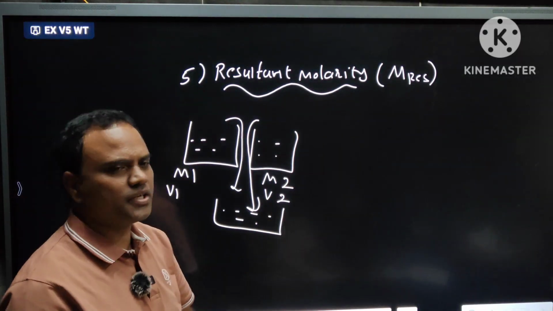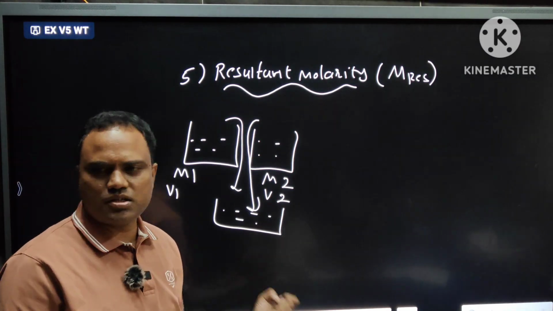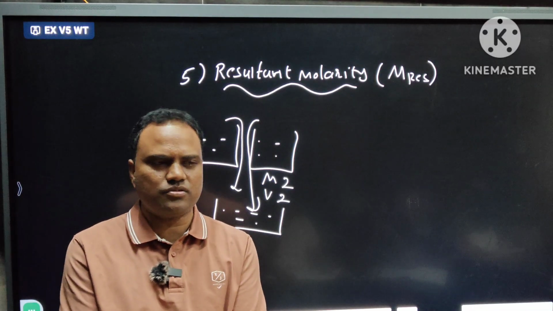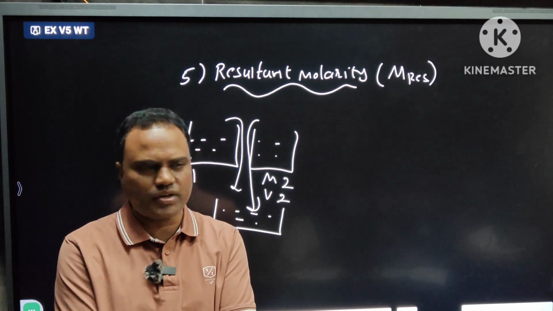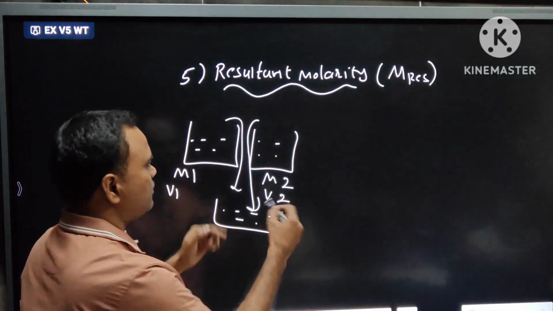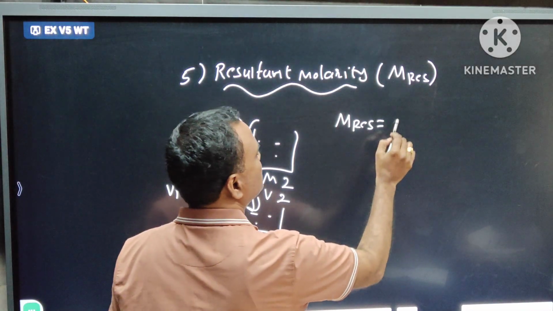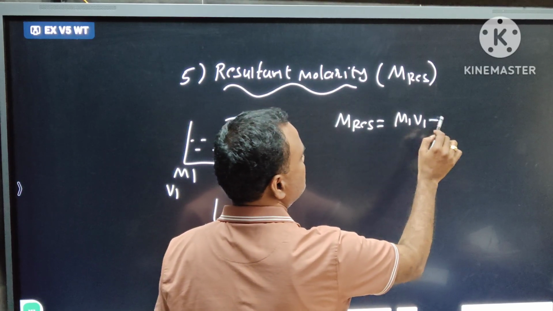By using the M resultant formula. M resultant is used when you mix two different solutions, meaning solutions having different molarities and different volumes.